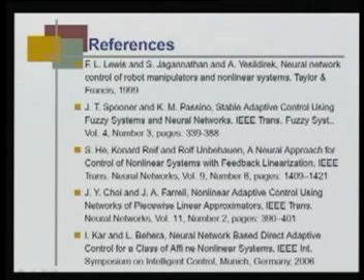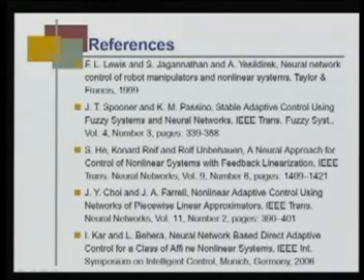Spooner and Passino have a paper in IEEE Transactions on Fuzzy Systems, stable adaptive control using fuzzy systems and neural networks. Hayakawa, Rife, and Unbehauen have published a paper in IEEE Transactions on Neural Networks on a neural approach for control of nonlinear systems with feedback linearization.